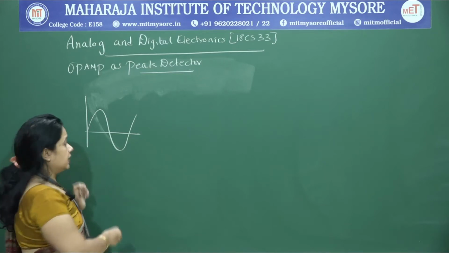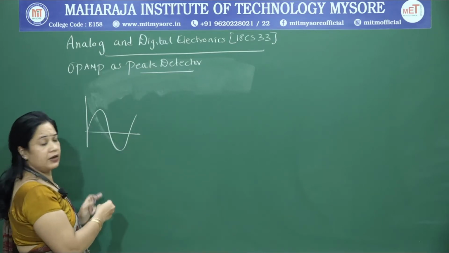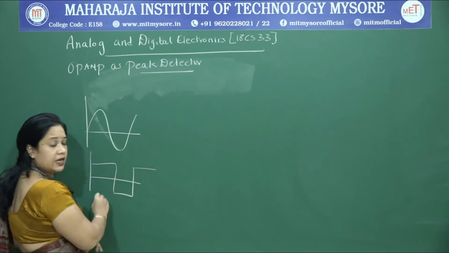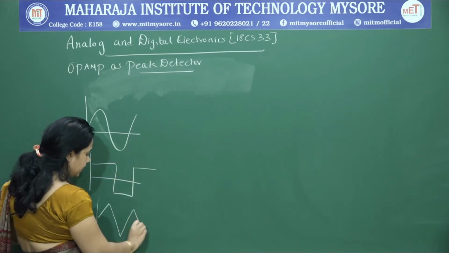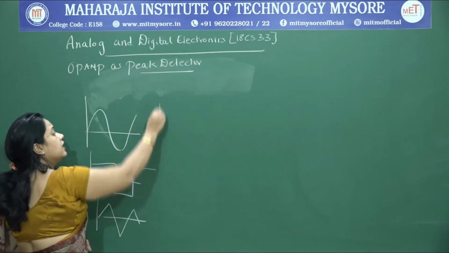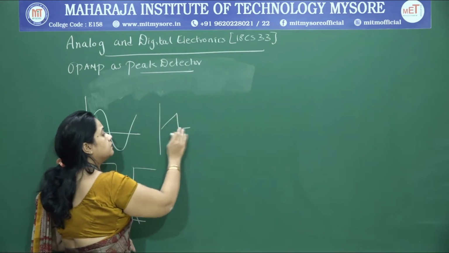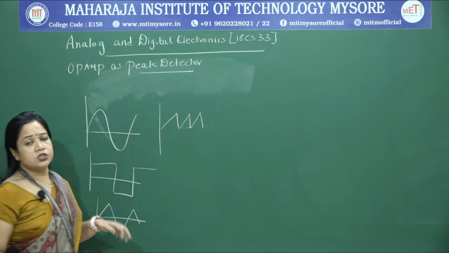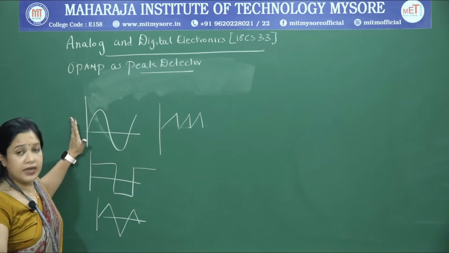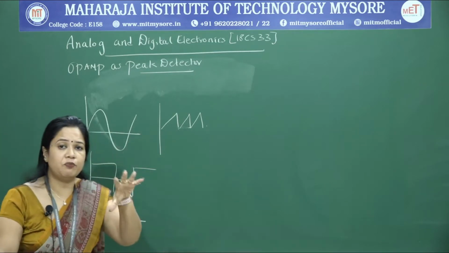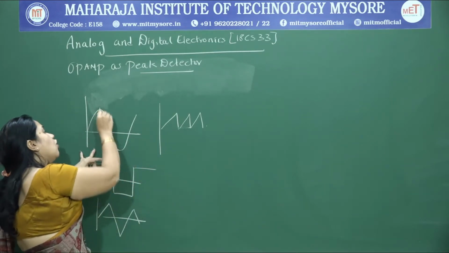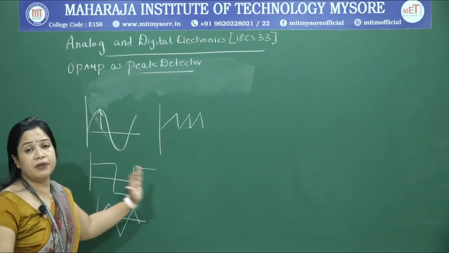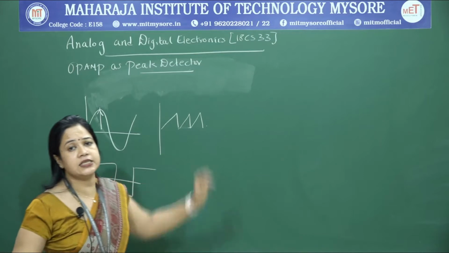A sinusoidal signal is an example of an AC signal, a square wave is an example of an AC signal, a triangular wave is an example of an AC signal. We have what is called a sawtooth waveform, that is also an AC signal. The conventional AC meters are designed to measure the peak value of a sinusoidal signal, and they fail in measuring the peak value of other AC signals.